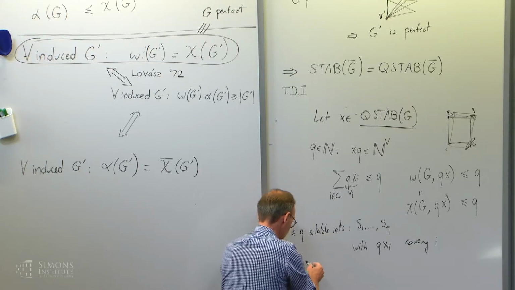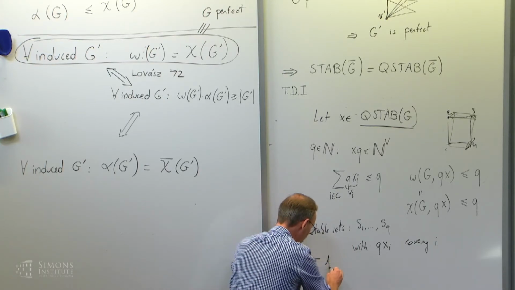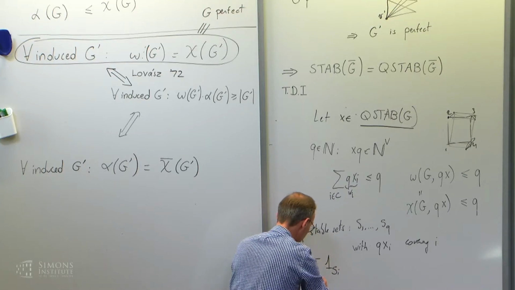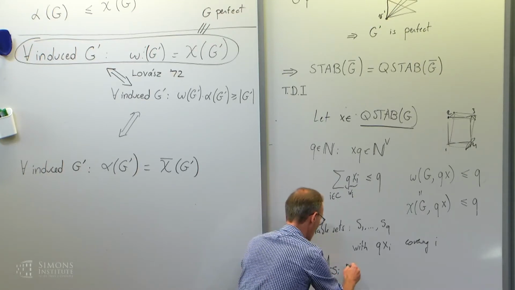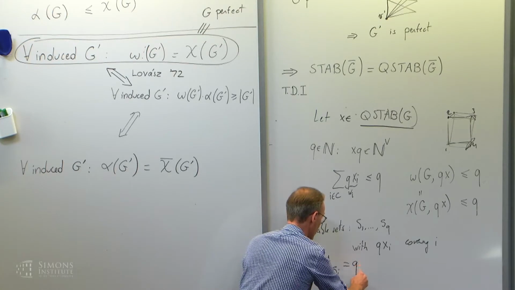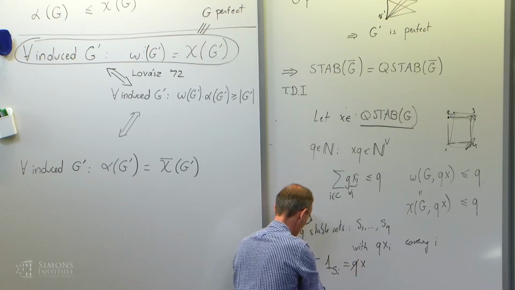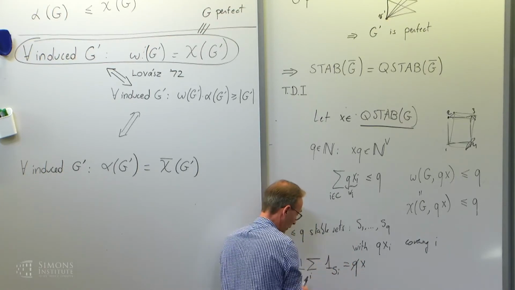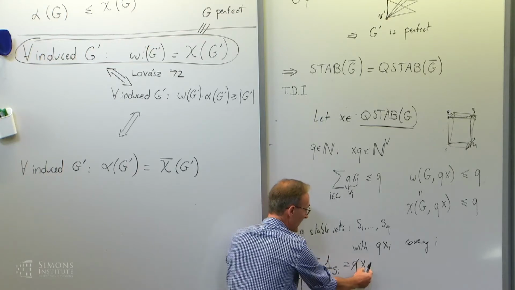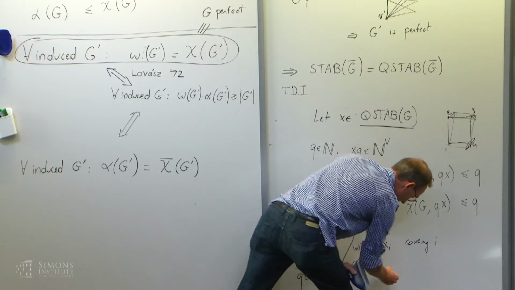Because the sum of the 1 over S_i is equal to qx. So if I divide by q, I get a convex combination, because I have q stable sets, giving me x, which means that x is in stab of G.